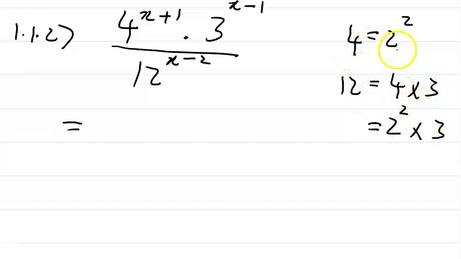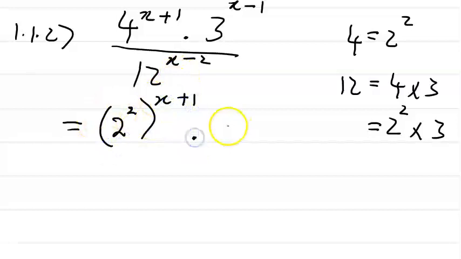So 4 we're going to write as 2 squared and 12 as 2 squared times 3. It's important for us to remember that we must write all our bases as prime bases when dealing with exponents. So we have 2 squared to the x plus 1 times 3 to the x minus 1.